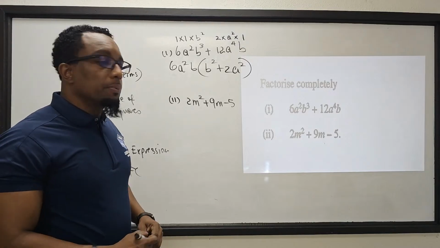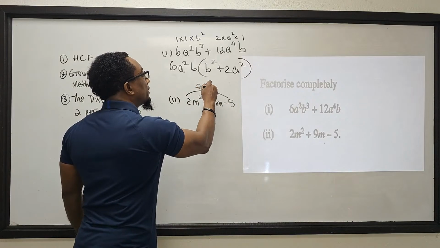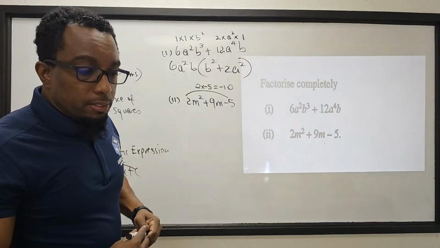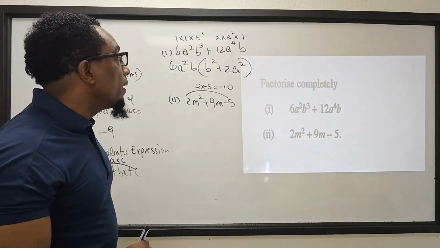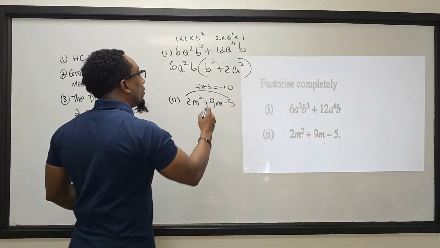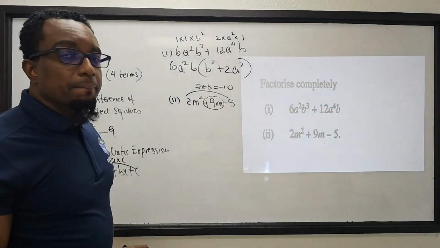So let's factorize. We're going to multiply a, which is 2, by c, which is negative 5, to give me negative 10. And I want 2 factors of negative 10 that, when multiplied, will give me negative 10, but when added or subtracted, can help me to find positive 9.